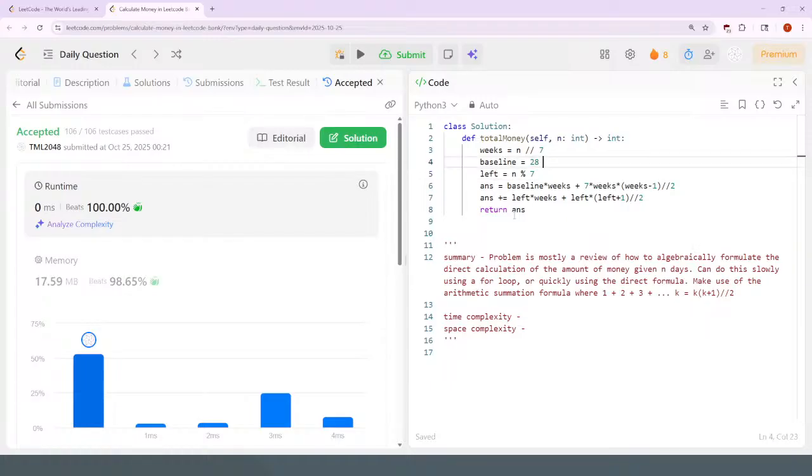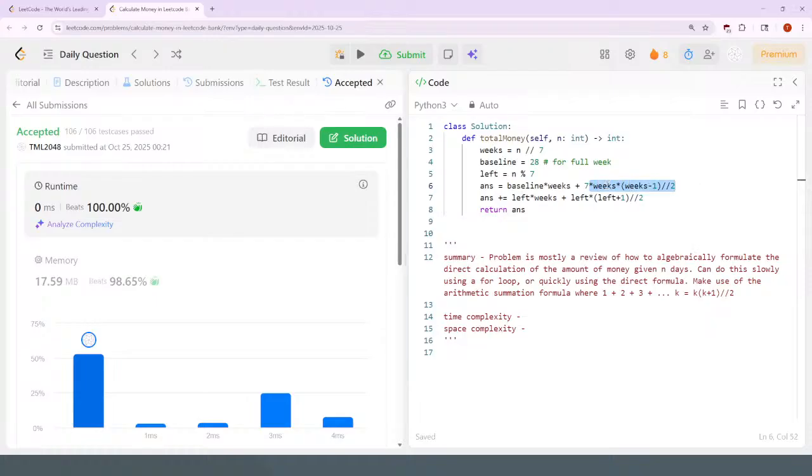This is just the full week. So it's 28 for just a full week of stuff. And this is the number of weeks times that baseline plus whatever you need to have additionally to increment it from every Monday onwards.